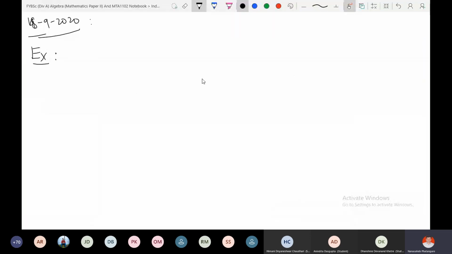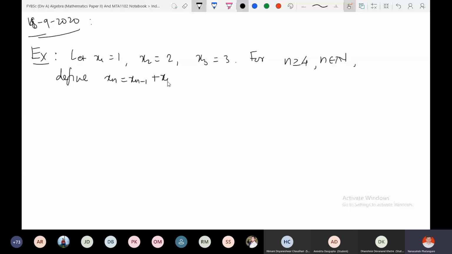Okay, so let us see the example. Let x1 is equal to 1, x2 is equal to 2, x3 is equal to 3. So for n greater equal 4 and natural numbers n, we define xn is equal to xn minus 1 plus xn minus 2 plus xn minus 3.